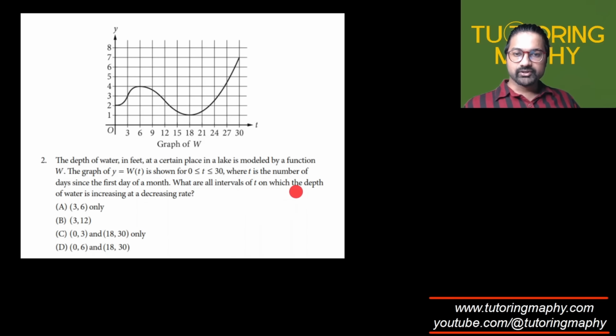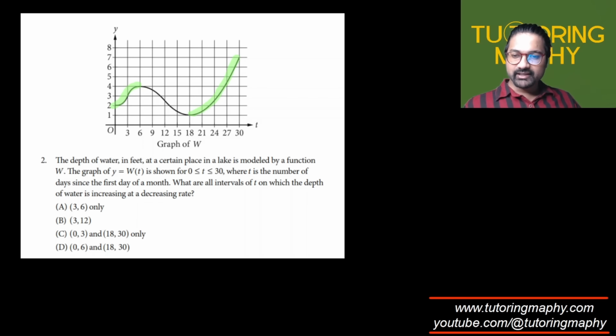What are all the intervals of t where the depth of the water is increasing at a decreasing rate? So be careful, increasing at a decreasing rate. So first we will isolate all the intervals where the depth of the water is increasing. So obviously it is increasing from here to here, then it's decreasing, and then it's increasing from here to here.